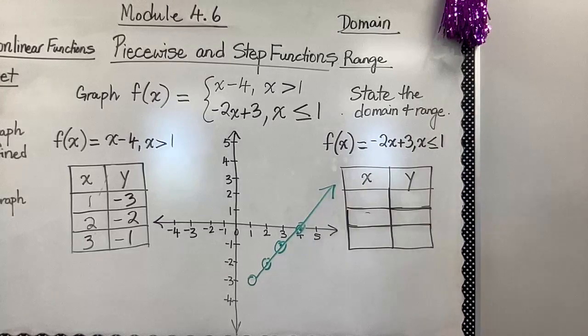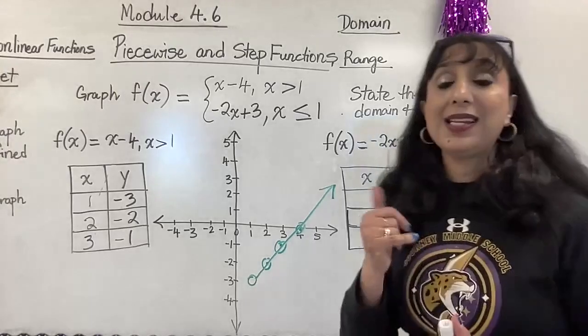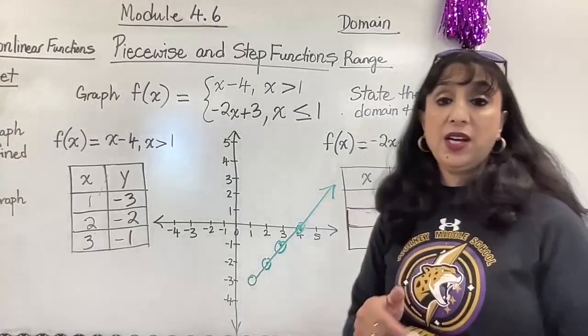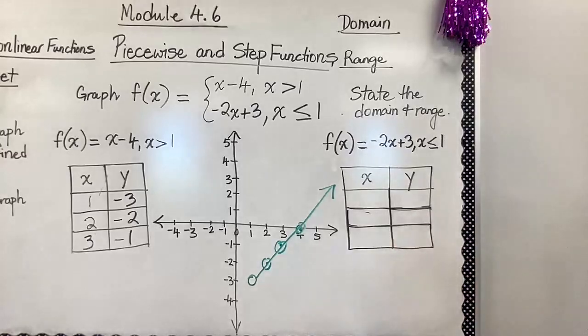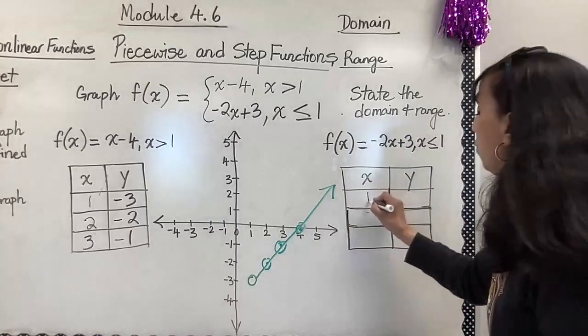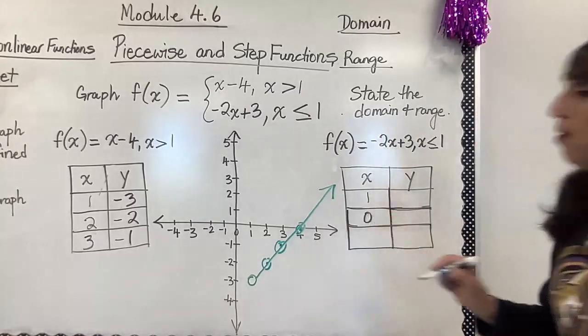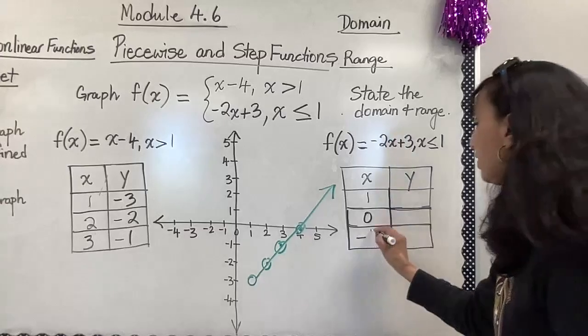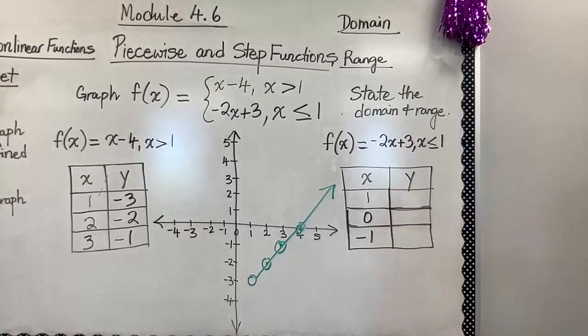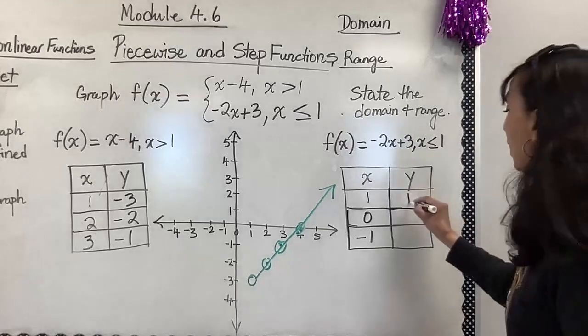Then let's do f of x equal to negative 2x plus 3, x less than or equal to 1. What is equal to 1 is 1, what is less than 1 is 0, and we can do negative 1. I'm just giving these three values right now. 1 times negative 2 gives me negative 2, plus 3, and I get 1.